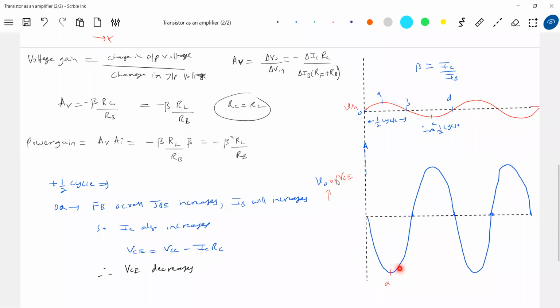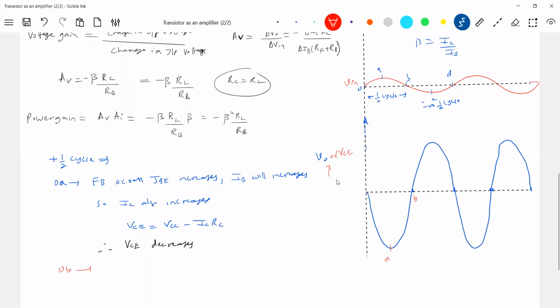So from this value it starts increasing, and we get B. So for OB, forward bias across the junction decreases, IB will decrease, so IC decreases, VC increases, and hence AB. Sorry, this is the symbol AB.